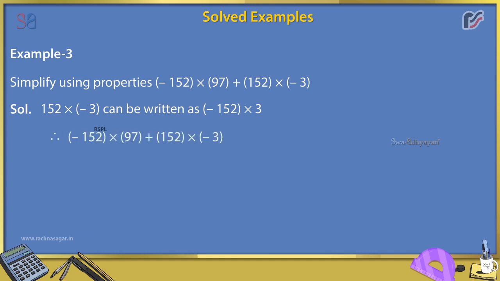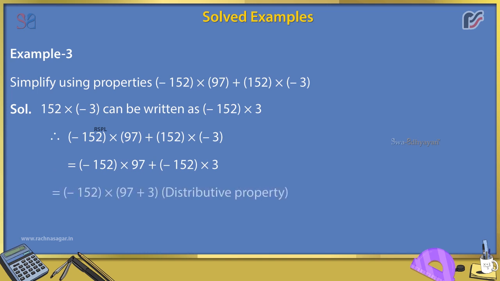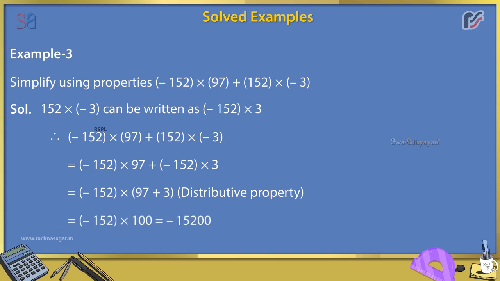Therefore, (minus 152) into (97) plus (152) into (minus 3), which is equal to (minus 152) into 97 plus (minus 152) into 3, which is equal to (minus 152) into (97 plus 3), distributive property, which is equal to (minus 152) into 100, which is equal to minus 15,200.